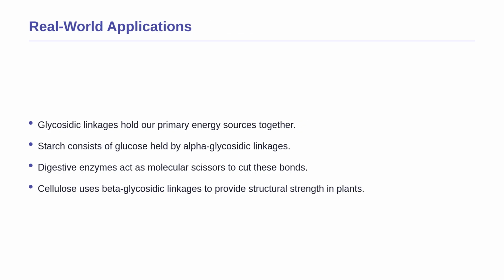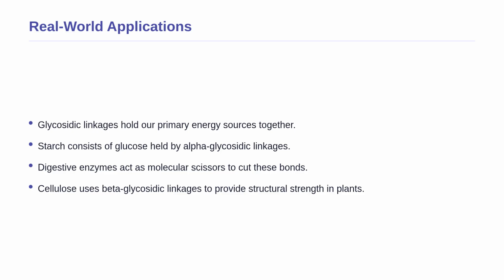This brings us to why we care so much about this specific chemical bond in our daily lives. The glycosidic linkage is literally the glue that holds our primary energy sources together. When you eat a bowl of rice or a potato, you are consuming starch, which is just thousands of glucose molecules held together by alpha glycosidic linkages.